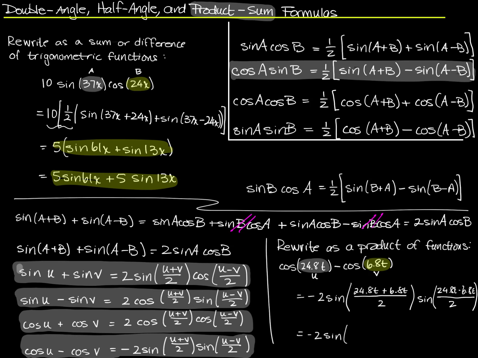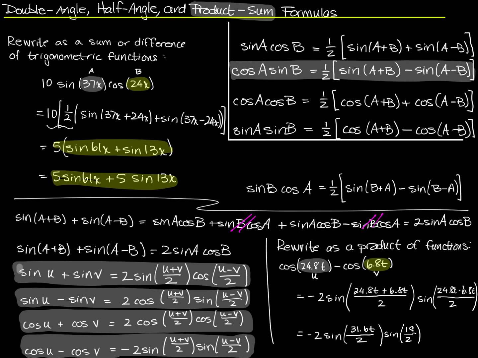24.8 plus 6.8 is 31.6, so I get 31.6t over 2 times the sine, 24.8 minus 6.8 is 18. I get 18 over 2.